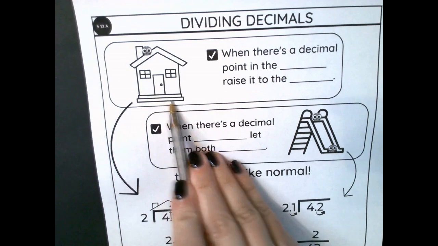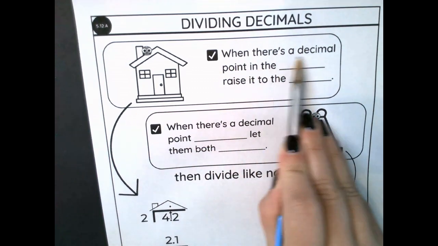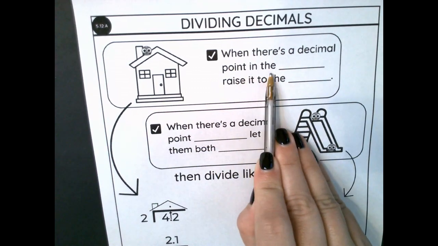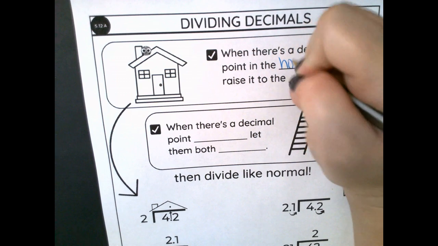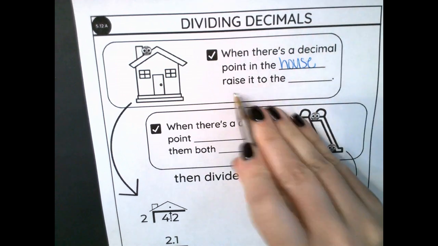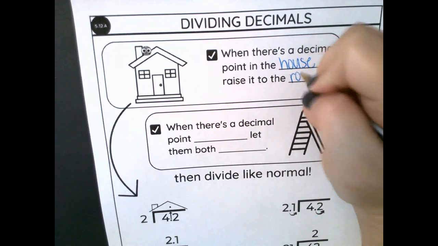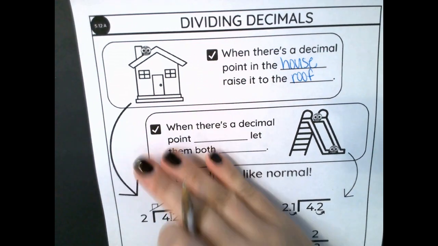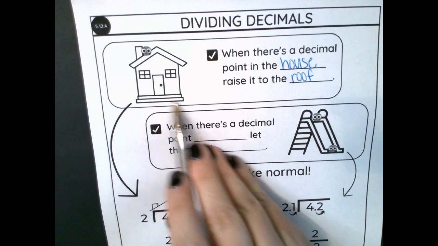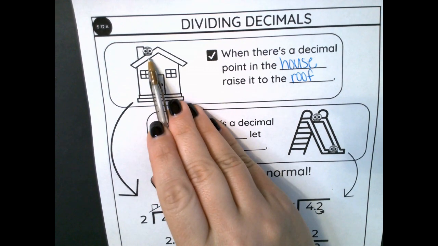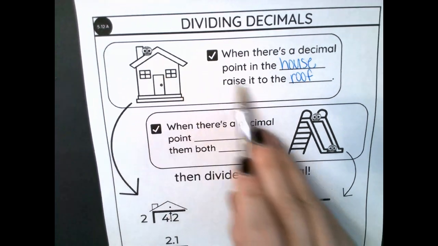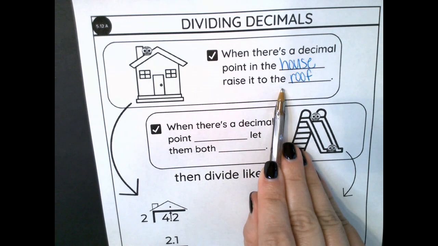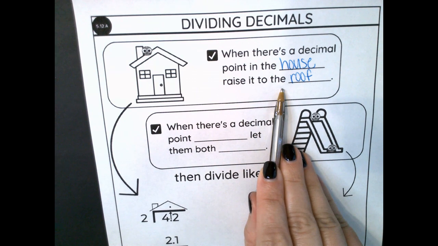Here we have, when there's a decimal point in the house, raise it to the roof. We're going to get to what that means in just a minute. So we have the decimal point in the house, we're going to raise it to the roof. That's going to be our first rule for dividing decimals.